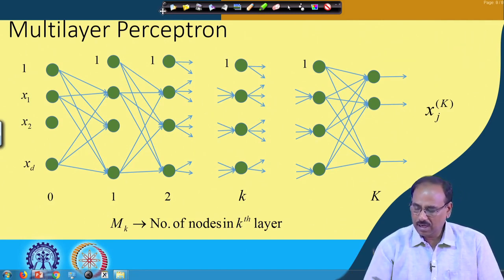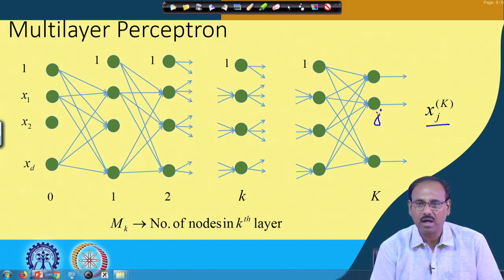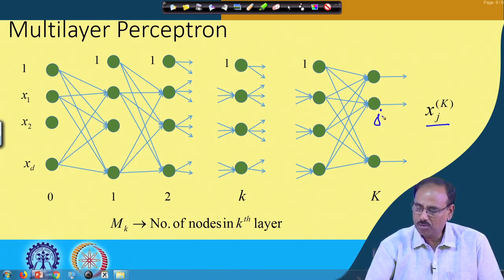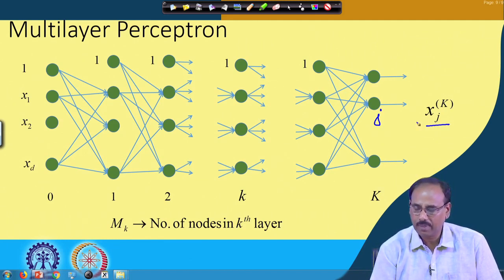Secondly, at the output layer, if I take the jth neuron, I represent the output of the jth node in the kth layer as x_j^k. These are the conventions that we will use when we talk about backpropagation learning.